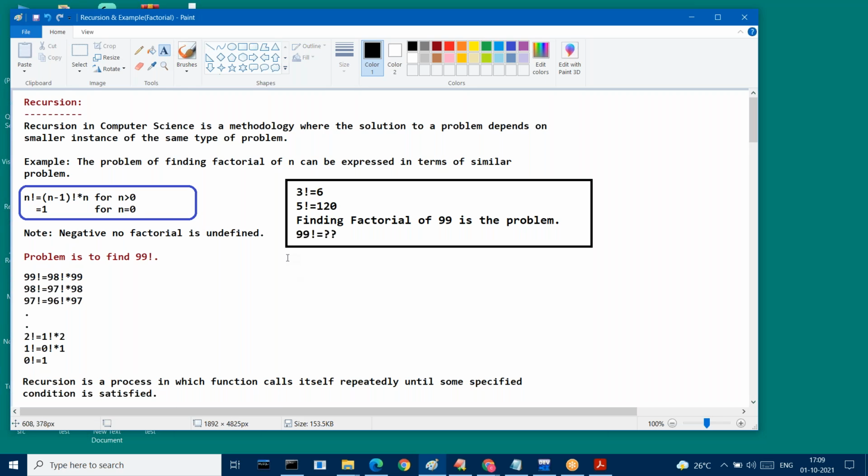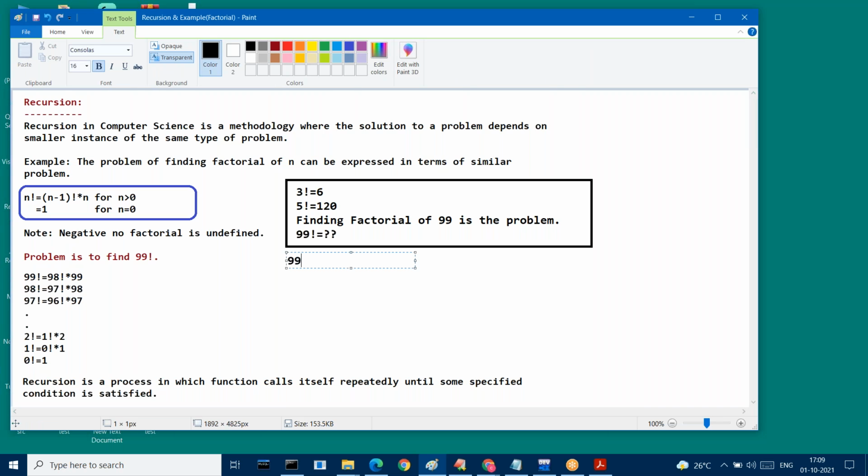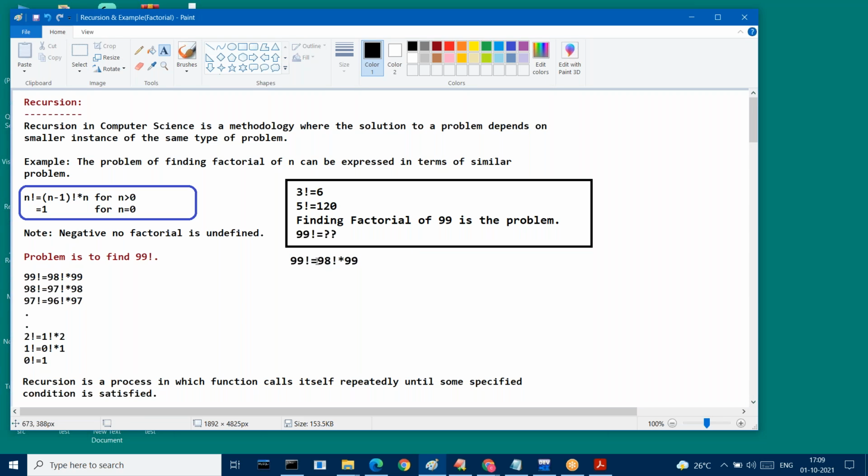You will put it there. 99 factorial is equal to n minus 1, means 98 factorial, into n, means 99. So you are expecting that if anyone provides you factorial of 98, with that result you will multiply 99 and you will give the answer.